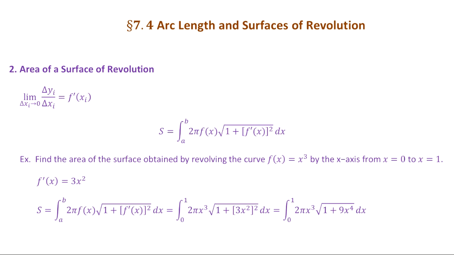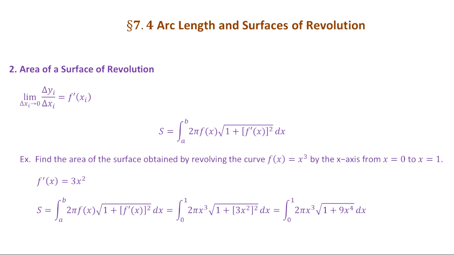So we got s equal to 2 pi x cubed, that's the f of x, times square root of 1 plus 3x squared to the square, and that's from the f prime. So that gives us 2 pi x cubed times square root of 1 plus 9x to the fourth if you square the term inside the radical.